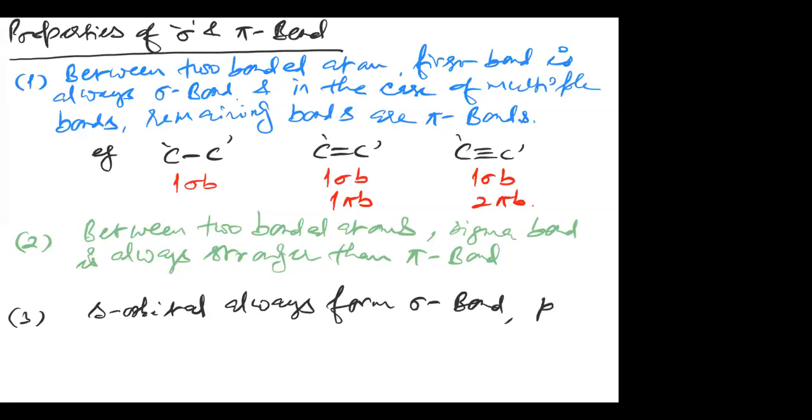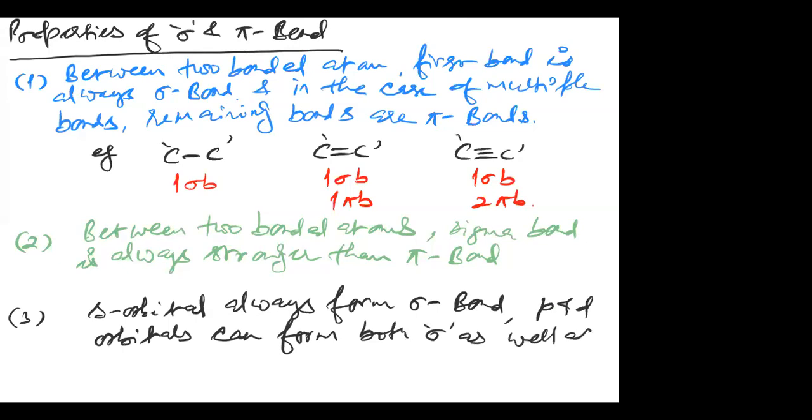P and D orbitals can form both sigma as well as pi bonds. So S orbital always forms sigma bond, and P and D orbitals can form sigma as well as pi bonds.